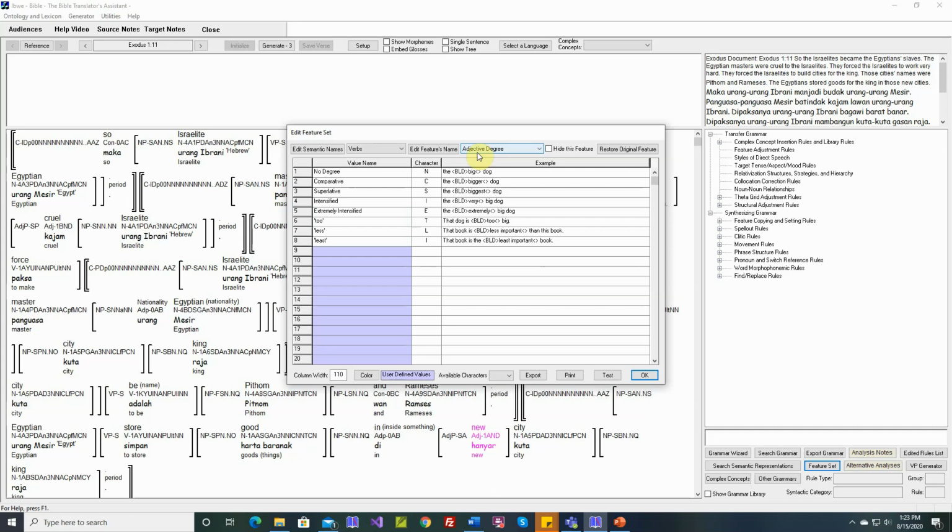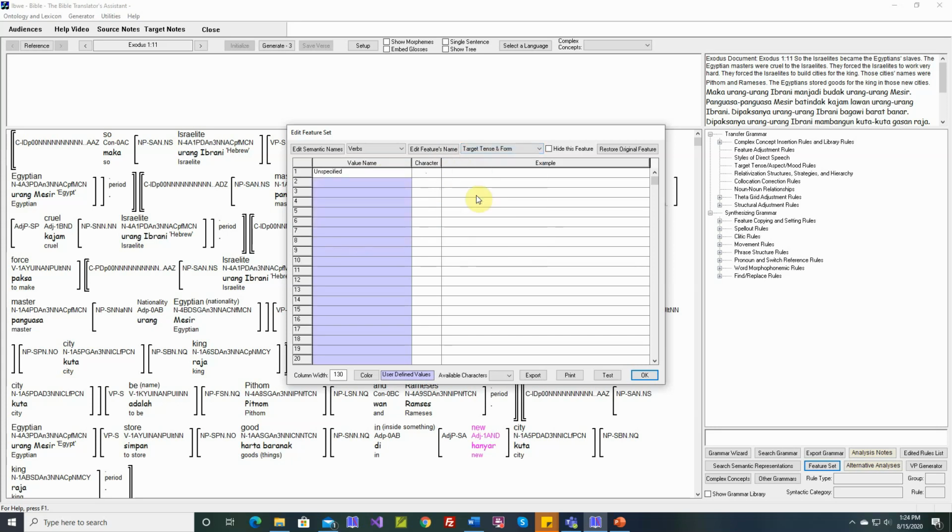And when you convert an adjective to a verb, the adjective's degree value is copied here. So these values are only used when you have a rule that converts an adjective to a verb. You don't need to set these. These aren't set in the semantic representations.